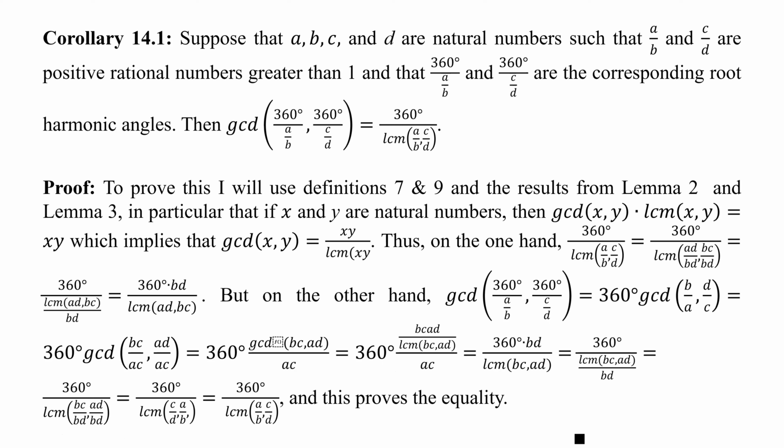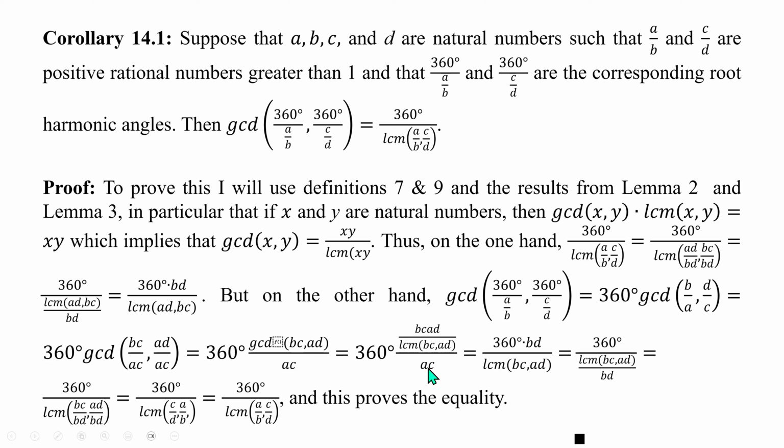And now what do we do? I take the greatest common divisor of, let's see, BC and AD. I can replace that. I use this result here. I replace it with the product BC AD divided by the least common multiple of BC and AD.